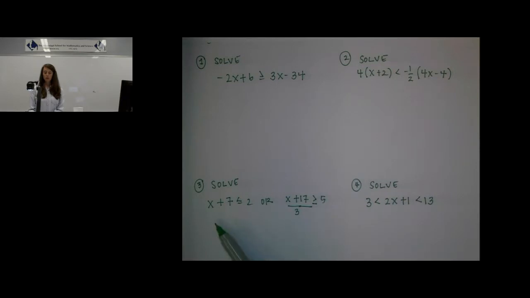This third one is x plus 7 is less than or equal to 2, or, this is a compound, or there, x plus 17 all over 3 is greater than or equal to 5. And then this one is 3 is less than 2x plus 1, which is less than 13. Okay? All right, so y'all try to do those 2 for me.